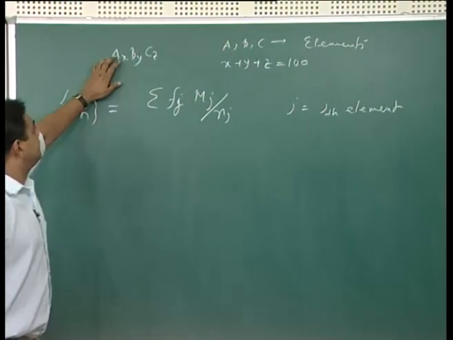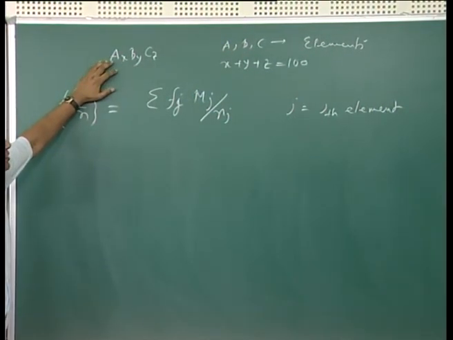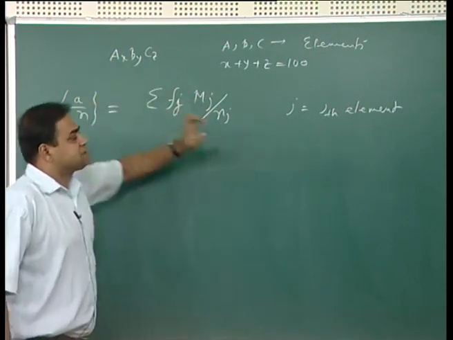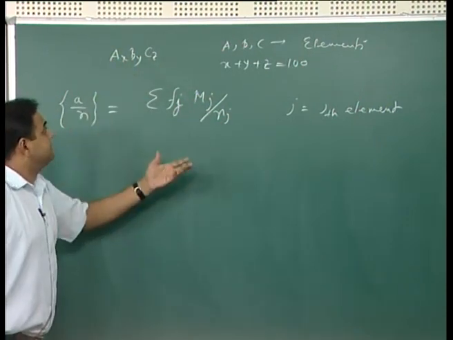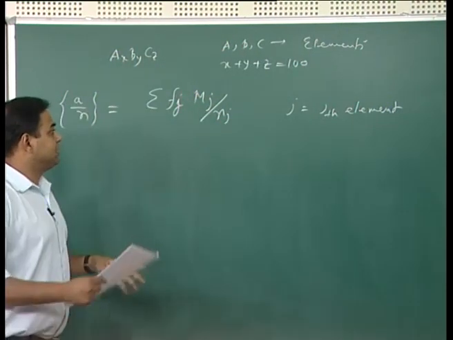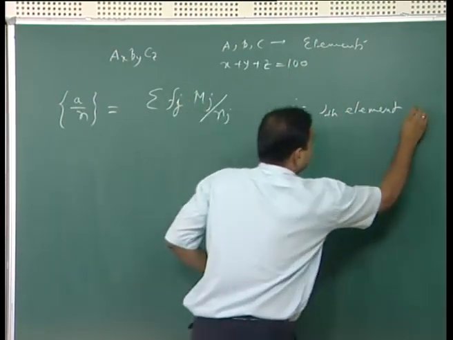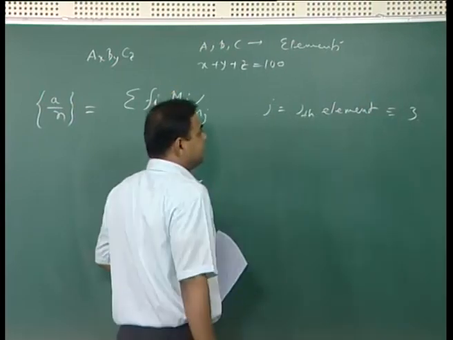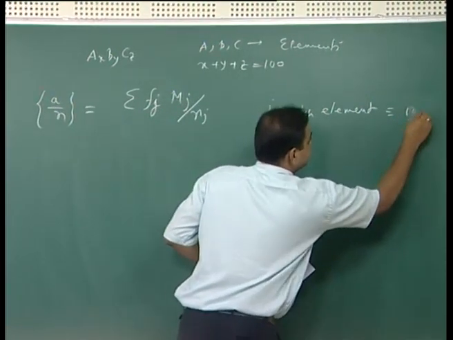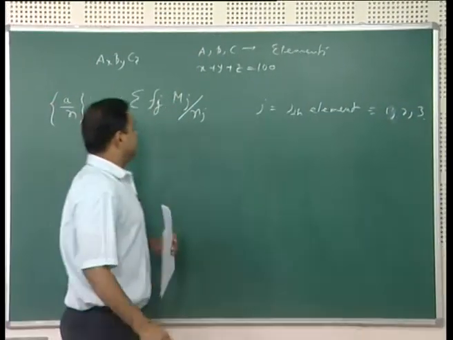Let us say if I consider A to be the first element, then B would be the second element, and C would be the third element. So j in this case would be 3, taking the values 1, 2, 3.